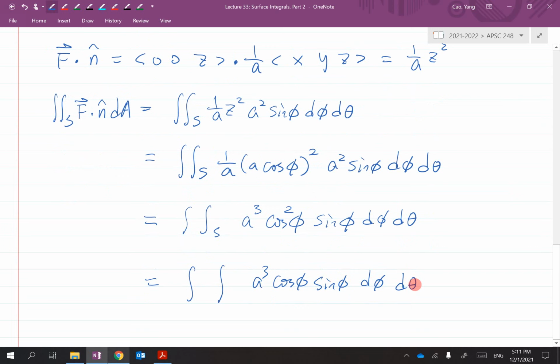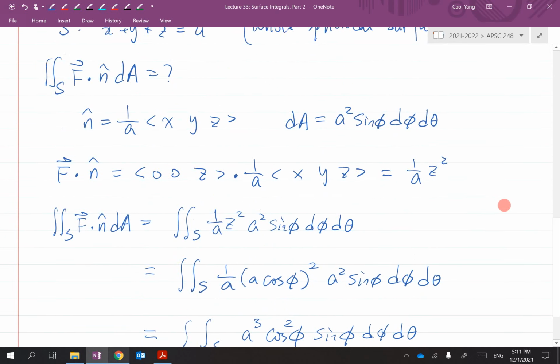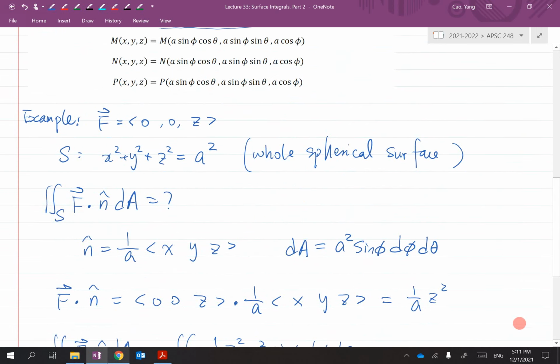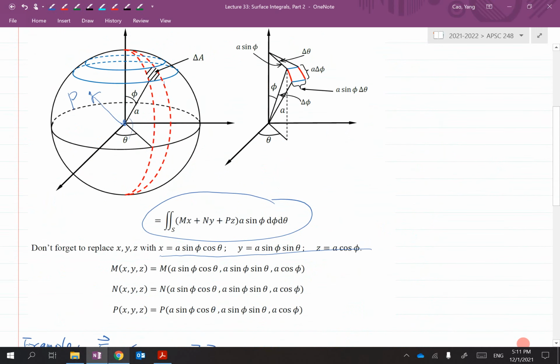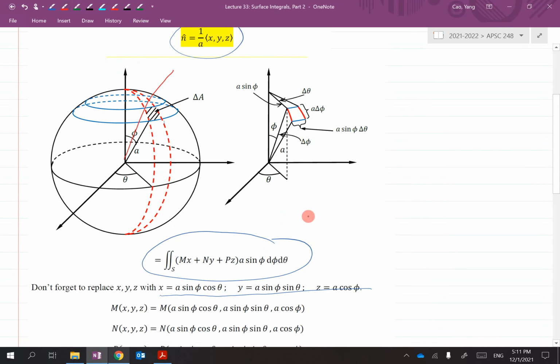So if you recall, how do I find limits for phi when we do a triple integral using spherical coordinates? Now you're not bothered with this rho anymore, you only worry about the phi angle. This is the whole sphere that we're looking at. A typical procedure is that you draw a reading line out of it.